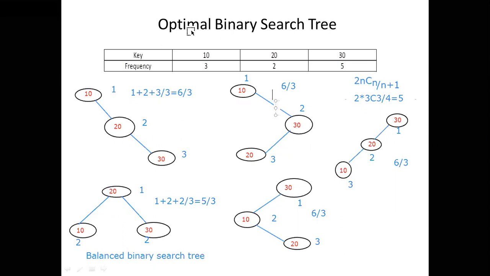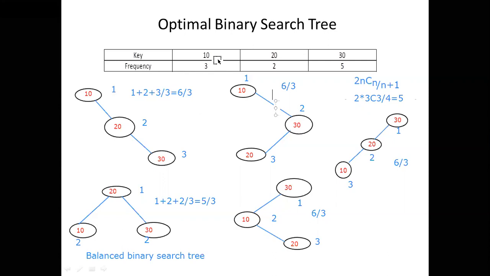Now we will go with the optimal binary search tree, right? I will explain what is meant by optimal binary search tree. For the explanation of that one, I have to explain what frequency is first. What is frequency?